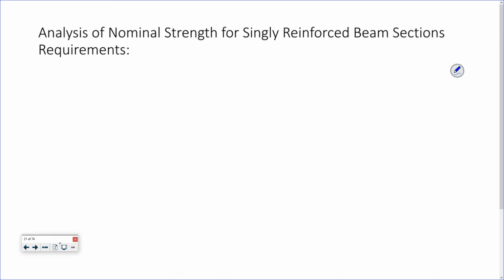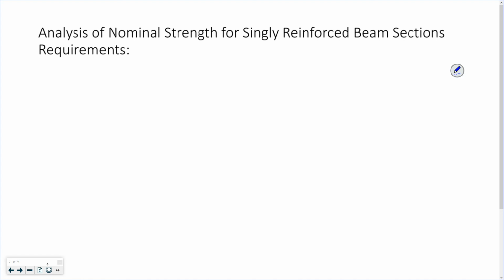All right, now we're going to get started into analyzing sections, and what I mean by that is we are going to determine the strength of a section. Because whereas in steel, they only come in certain sizes and shapes, in concrete, you can make up almost anything you want.